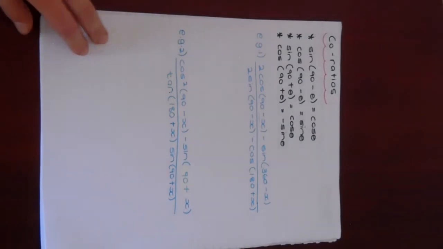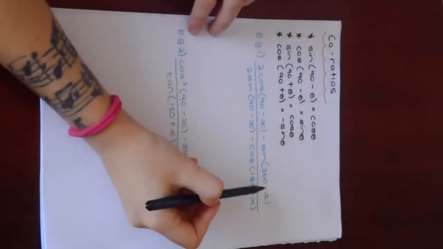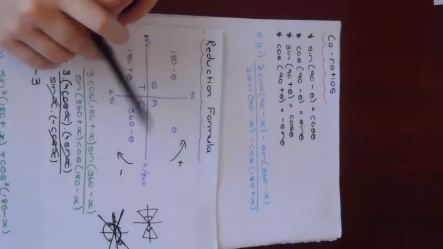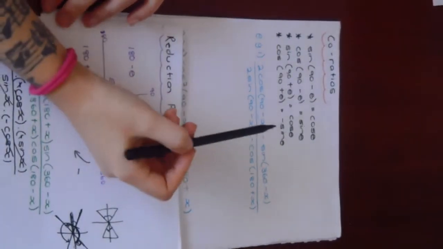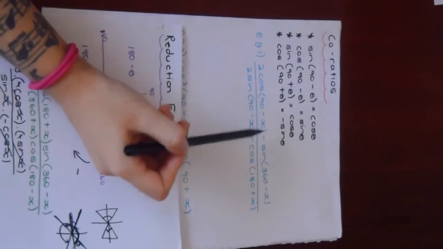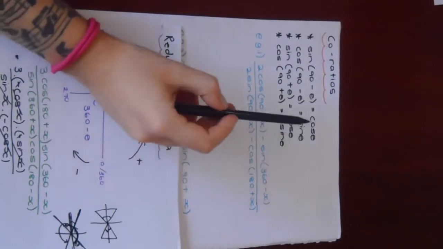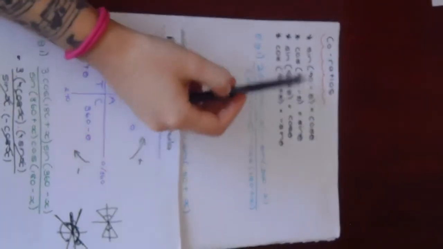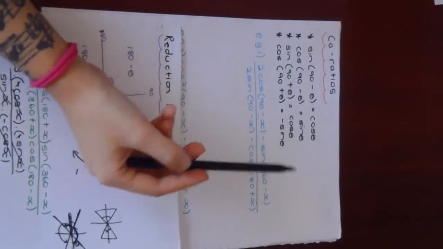Yeah, we're good. Okay, so it's going to be a combination. So for this, you're still going to have to use these things over here. But when it comes to co-ratios, and co-ratios is anything to do with 90 plus or 90 minus, okay? Here is a list of what you can replace it with.